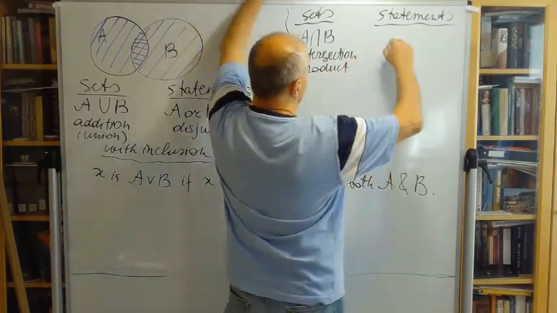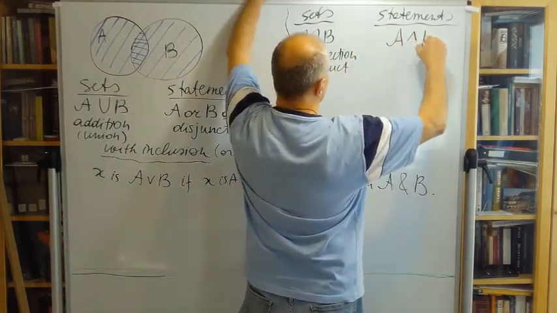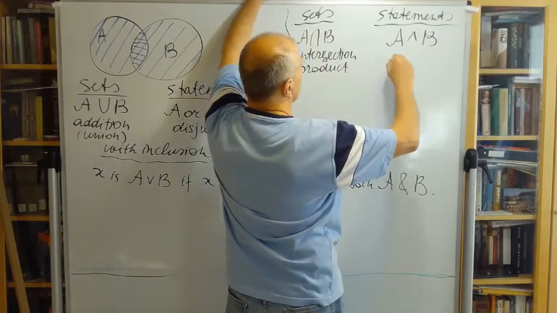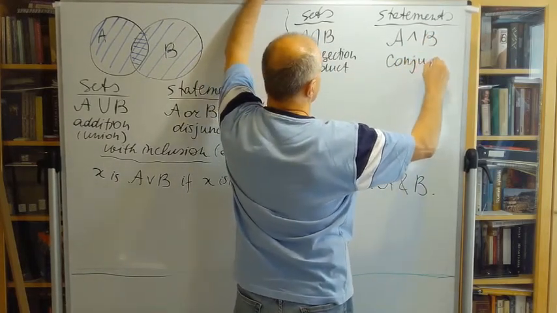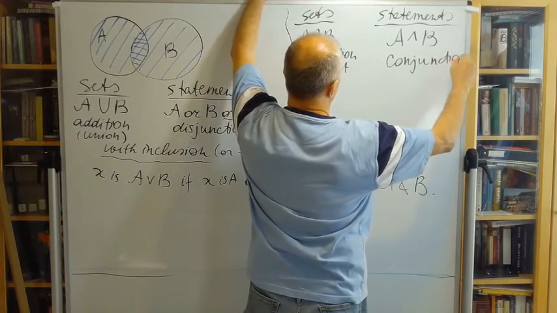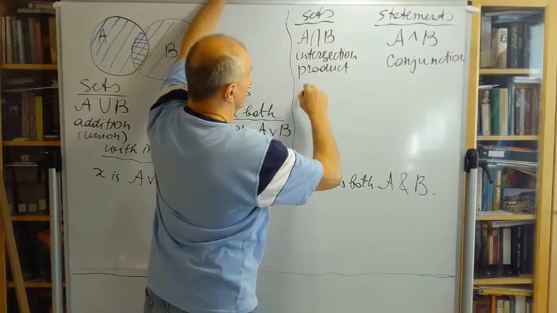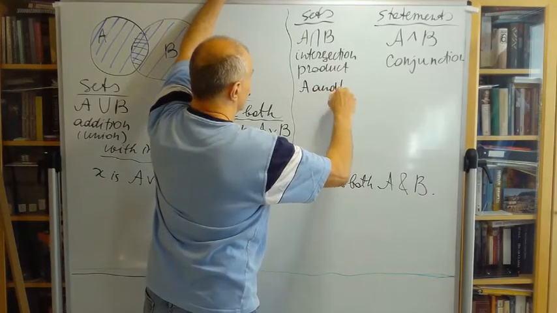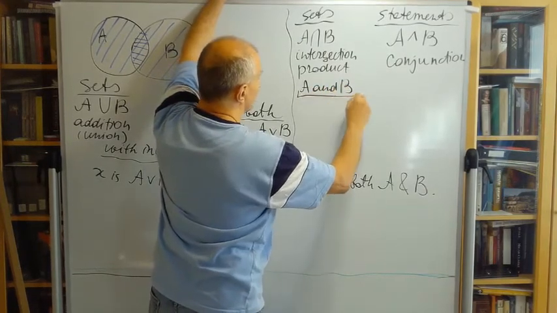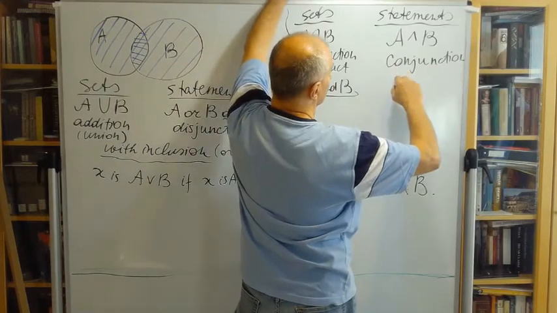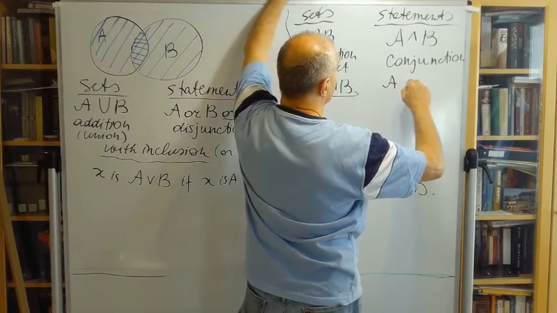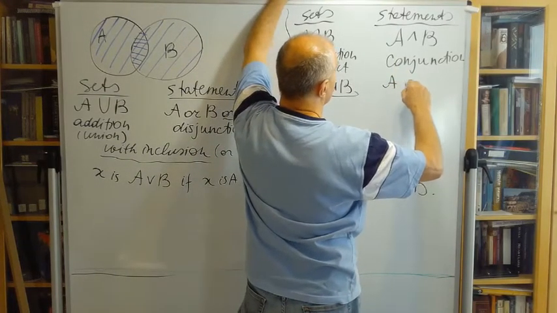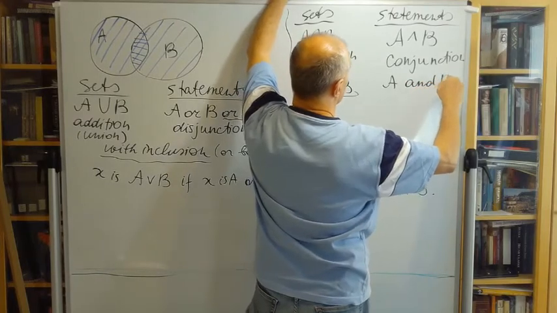And for statements, it is denoted like this, and it's called conjunction. For sets, it reads A and B, so simultaneously A and B. For statements, it is A and B.